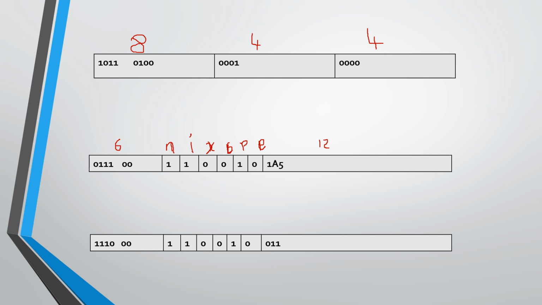To find the displacement we have to take the target address, that is 1207, and the program counter, that is 1062.